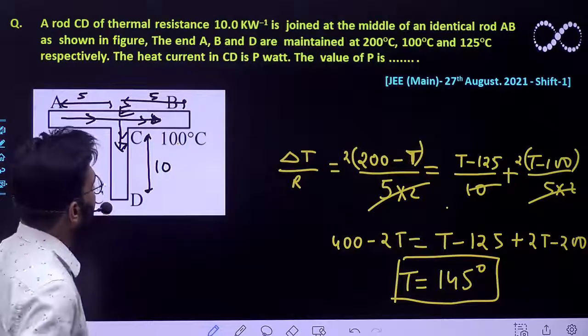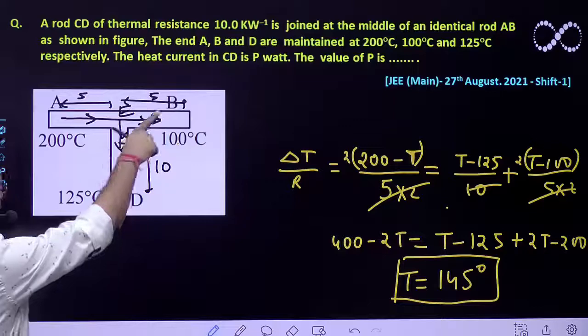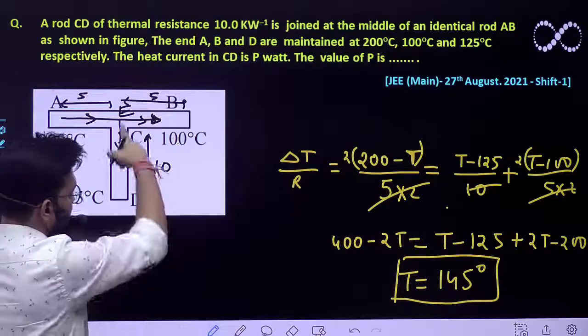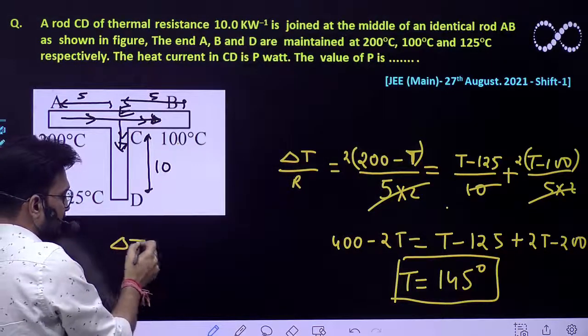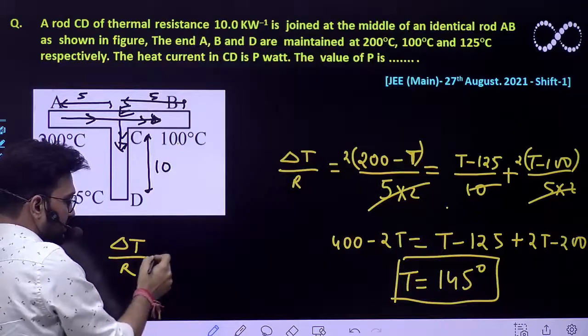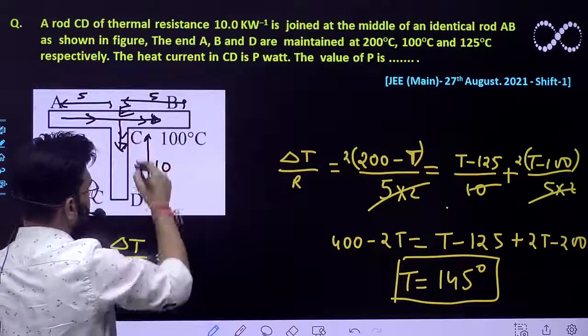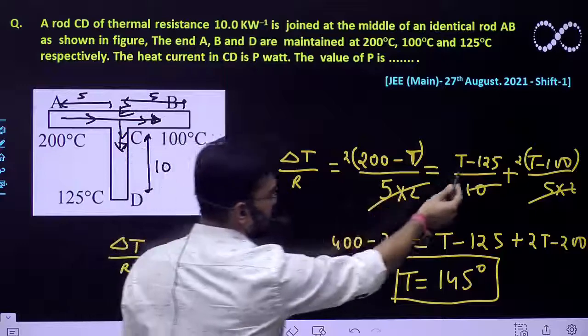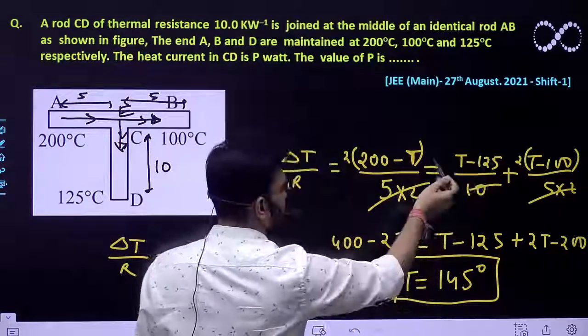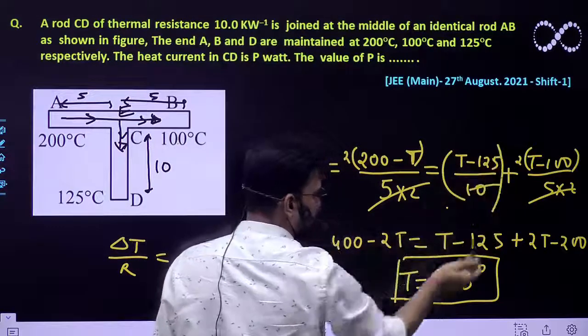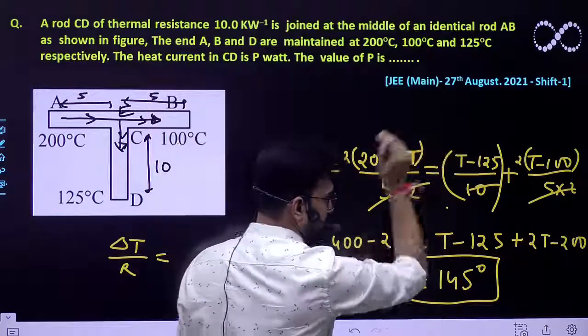Now you need to find out what the heat current in the CD portion is. We also know that the heat current in the CD portion is given by delta T by thermal resistance. What is delta T? It is T minus 125. We have to put this value of 145 in it.